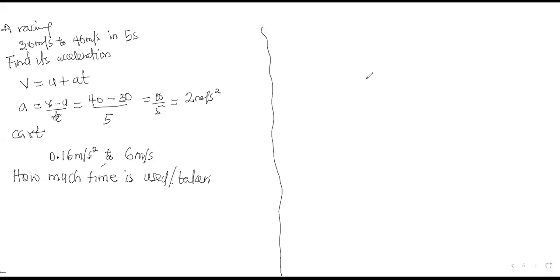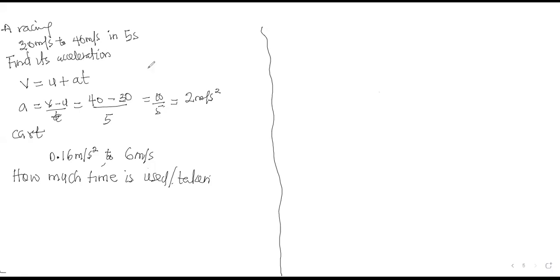All right, so let's see. I've seen the feedback from some of you. Some of you are also getting negative. It should be positive, because deceleration is negative, so it would make it positive.